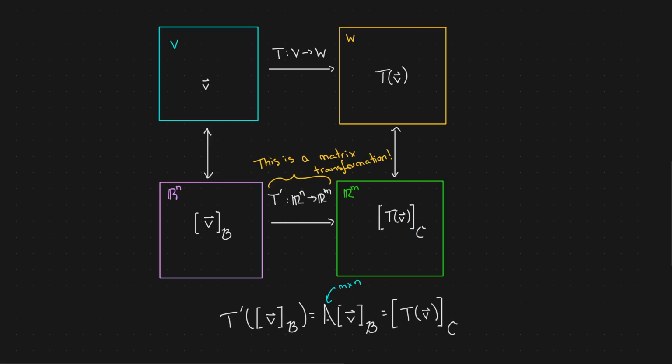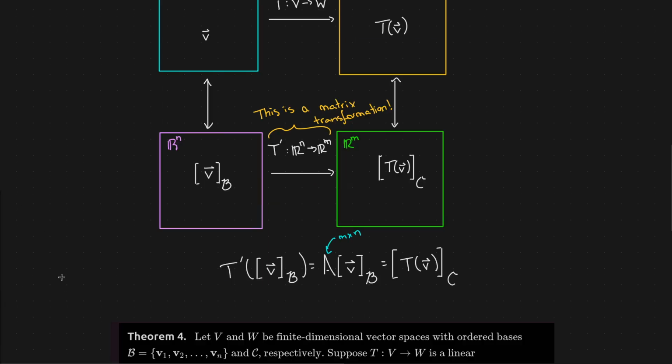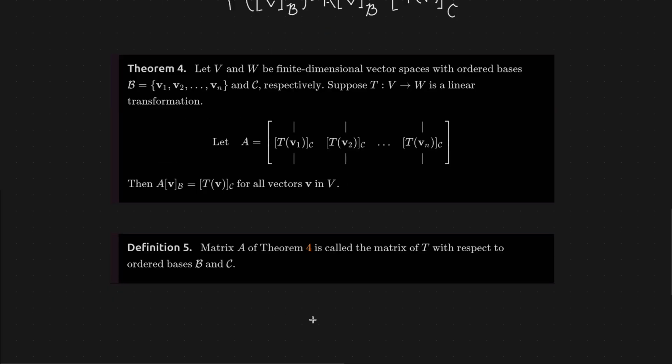All right, so let's summarize what we've just discovered. Let V and W be finite dimensional vector spaces with ordered bases B and C. Suppose T is a linear transformation.